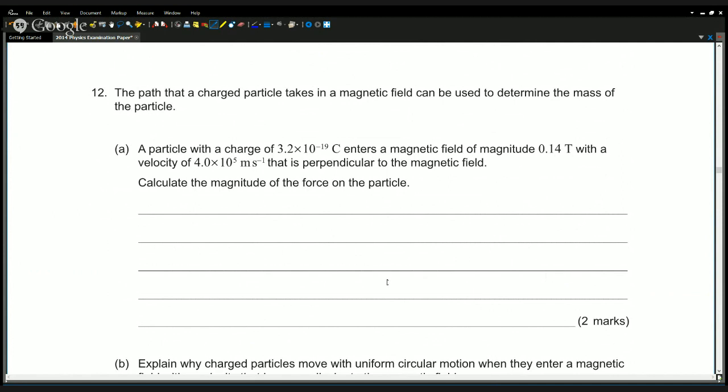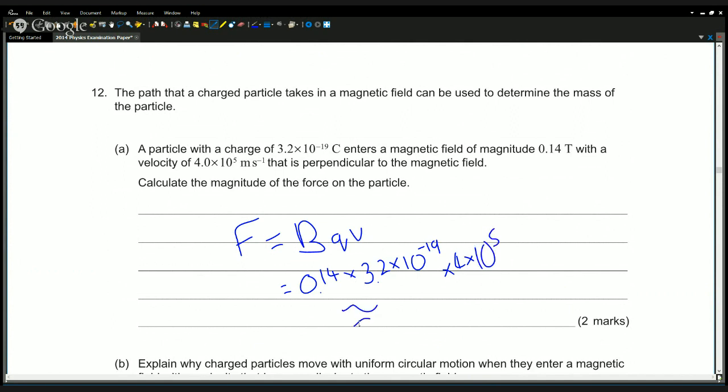Okay. Now the formula for this is F equals, so it enters perpendicular, BQV. Okay, so we've got 0.14 Tesla times charge of 3.2 times 10 to the negative 19 coulombs times 4 times 10 to the 5. 0.14 times 3.2 e negative 19 times 4e5.